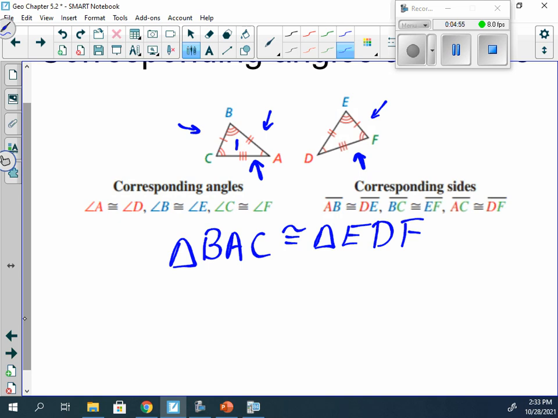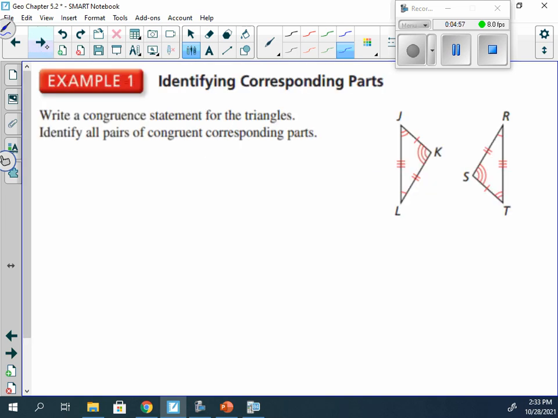Let's look at our first example. Here we're given these two triangles. So we want to name all the corresponding parts that are congruent. So we can start off with the angles. So we can say J, and we'll do S here in a minute, because J has how many marks inside the angle?